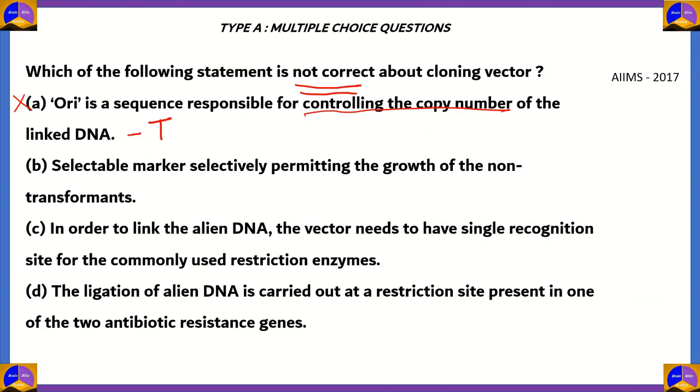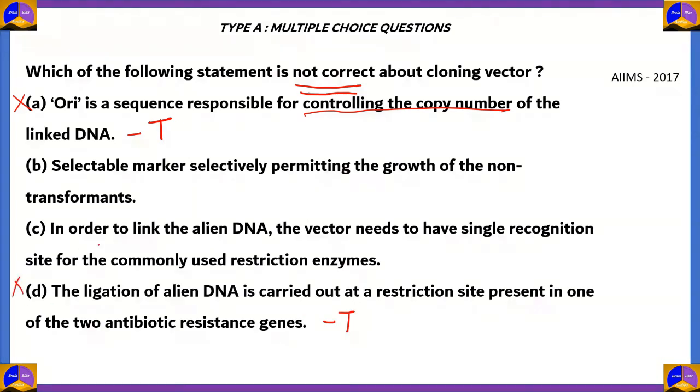If you look at option D, the ligation of alien DNA is carried out at a restriction site present in one of the two antibiotic resistance genes. So the ampicillin R and tetracycline R resistance genes are used to ligate alien DNA, so it is true. Since the statement is true, the option is wrong.